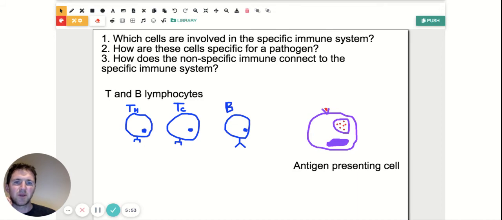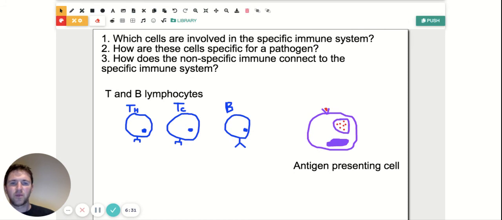Let's go back to what we were talking about. We're going to focus on helper T cells because this is the cell, and we'll talk about that in more detail in the next video, that binds to this antigen on the surface of the antigen-presenting cell. So there will be a helper T cell in the body that has a receptor that specifically fits that antigen. It's said there are 10 million different types of lymphocyte in the body. The reason they're different is because they each have different receptors on their surface.